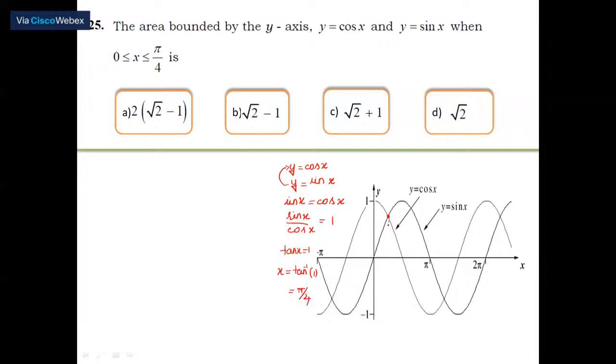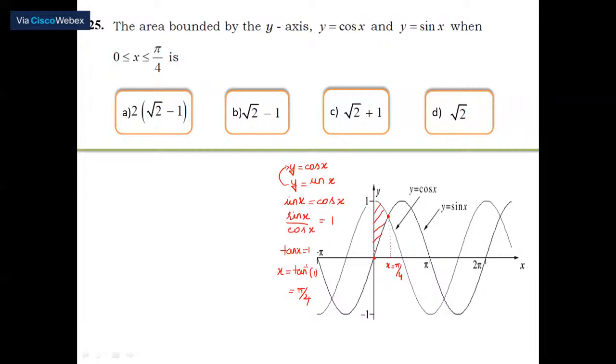So here our value of x is pi by 4. Fine. And here it is asked to find the area bounded by x is equal to 0 to pi by 4. So this is the required area.